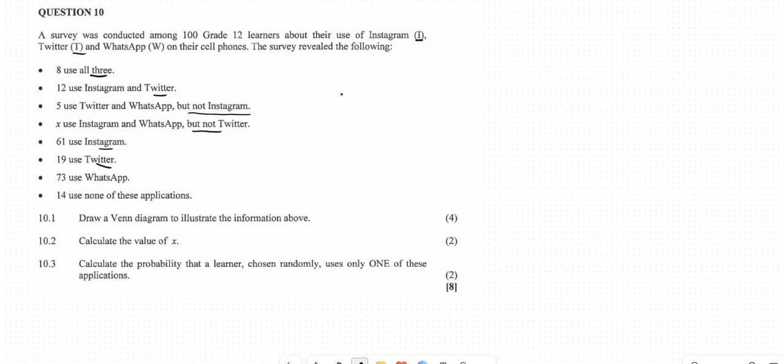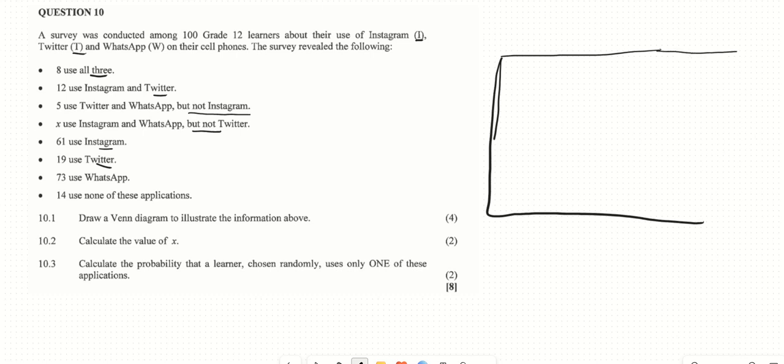Let's use the information above. To draw the Venn diagram, we must first draw the rectangle. This is the rectangle drawn here. Because we're talking about Instagram, Twitter, and WhatsApp, and they didn't tell us anything about whether they intersect or not, all the circles should intersect.